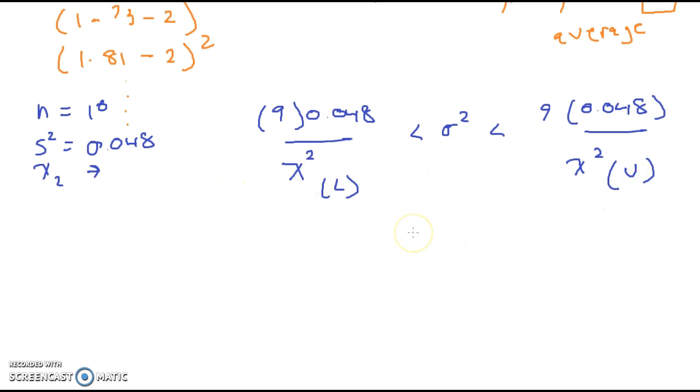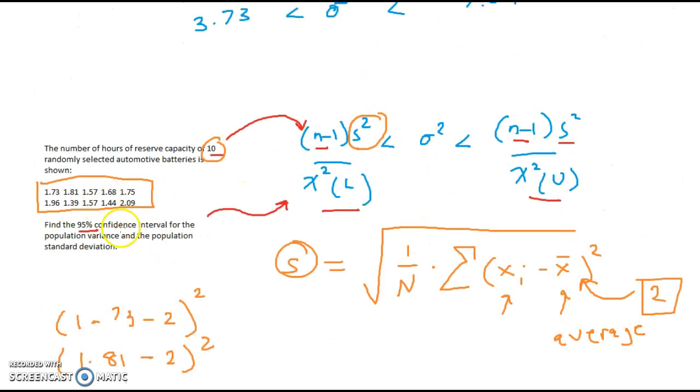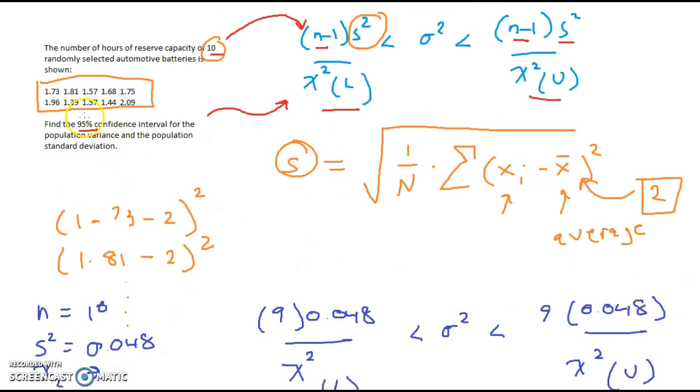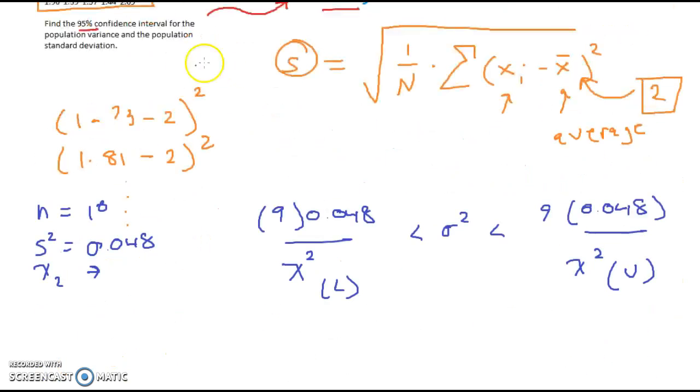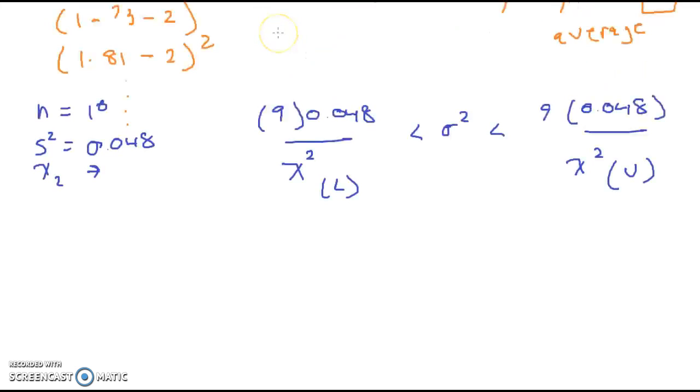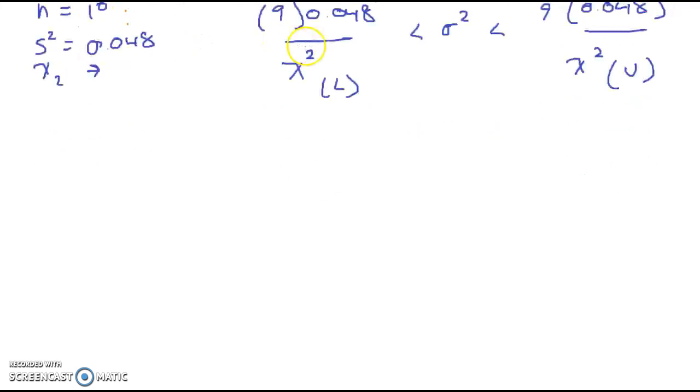Okay, so let's look at what they told us that we wanted. 95% confidence interval. Remember, that means we have a maximum of 5% error to play around with. So what we would do is divide that error rate into two parts.